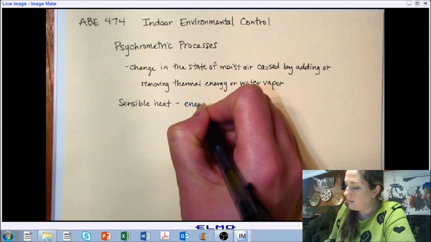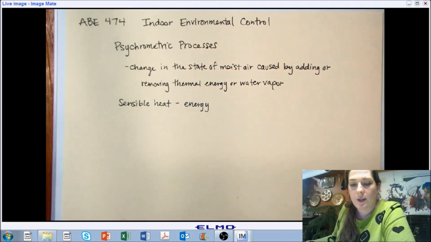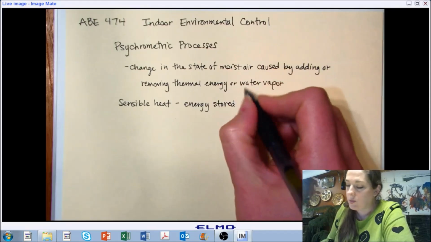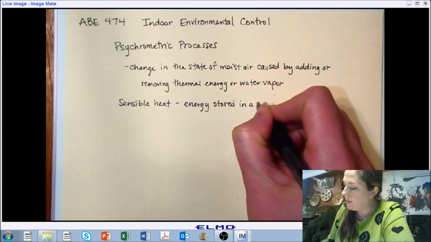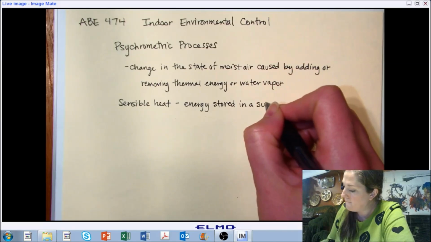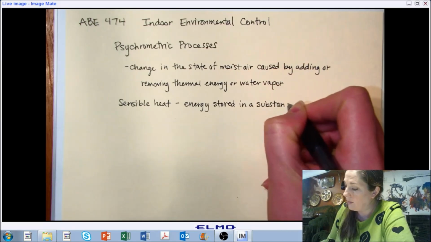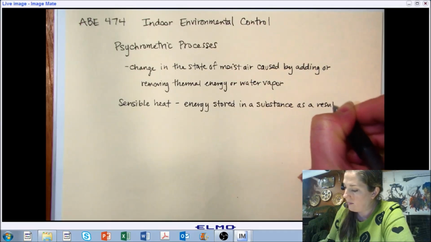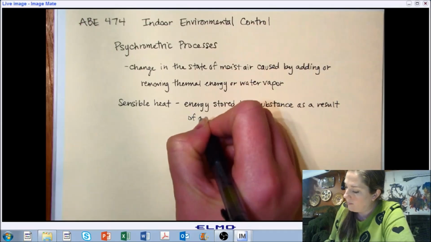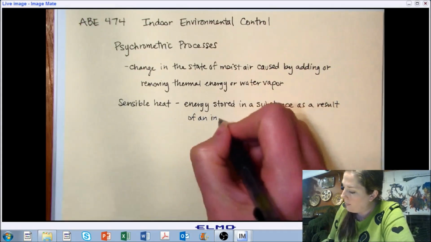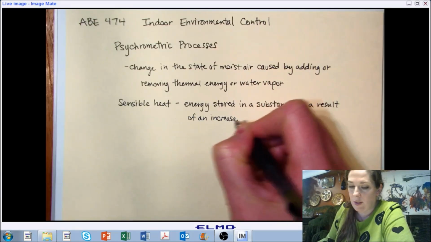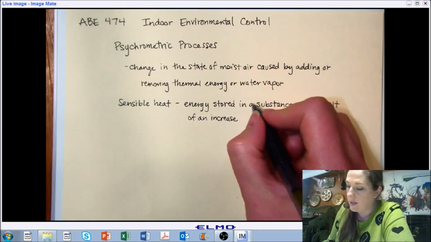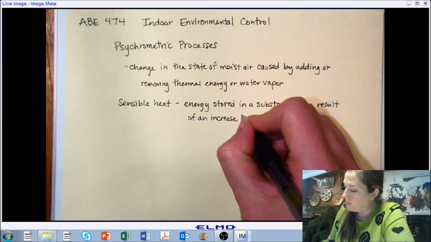And this is energy stored in a substance. In our case, it's going to be in our moist air. In most of the cases we're going to look at, that it's a change in the energy that's stored in a substance as a result of an increase in its temperature.